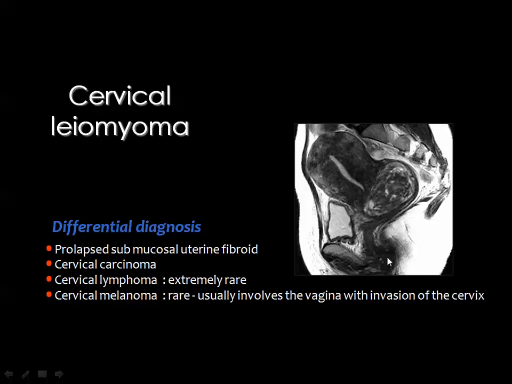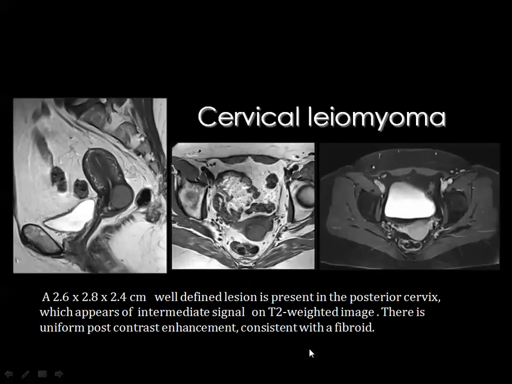And here you see a big cervical leiomyoma, which is protruding into the proximal part of the vagina. And of course, the main differentiating issue here, as I will mention later on, is to differentiate the cervical leiomyoma from cervical carcinoma, since the two other possibilities are considered extremely rare, which are lymphoma and melanoma.